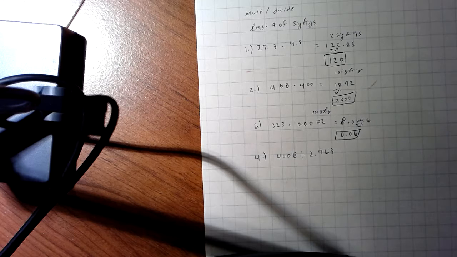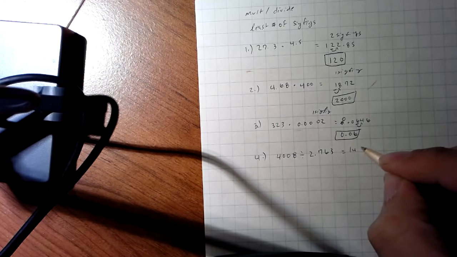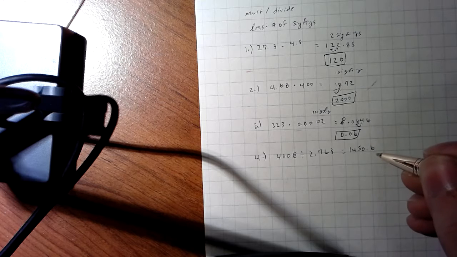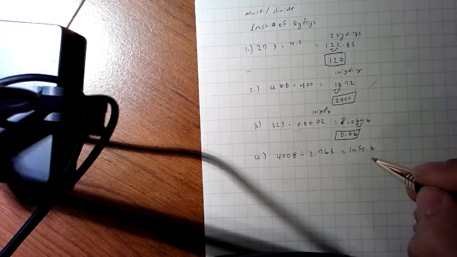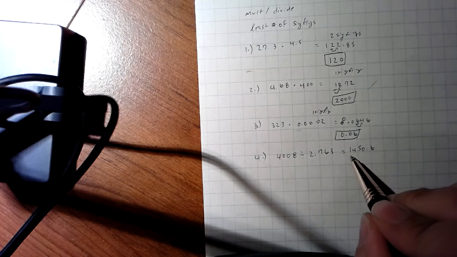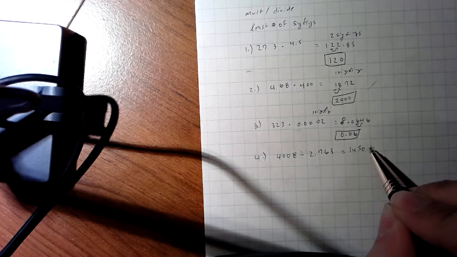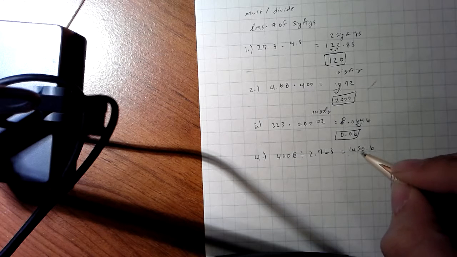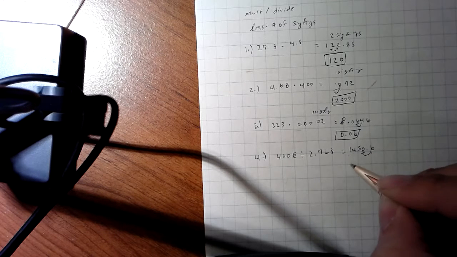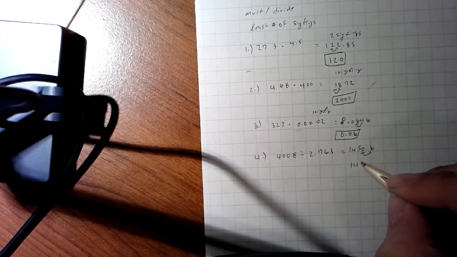The number is 1,450.6. Now rounding this to 4 sig figs, we look at the sig figs from left to right: first one, second one, third one, fourth one. Look at the neighbor, he's going to bump it up, so that's 1,451.